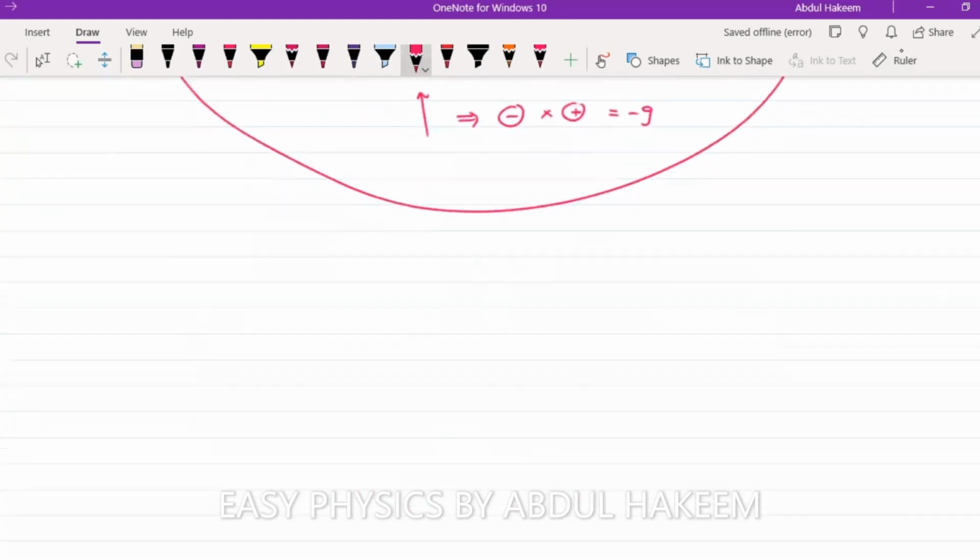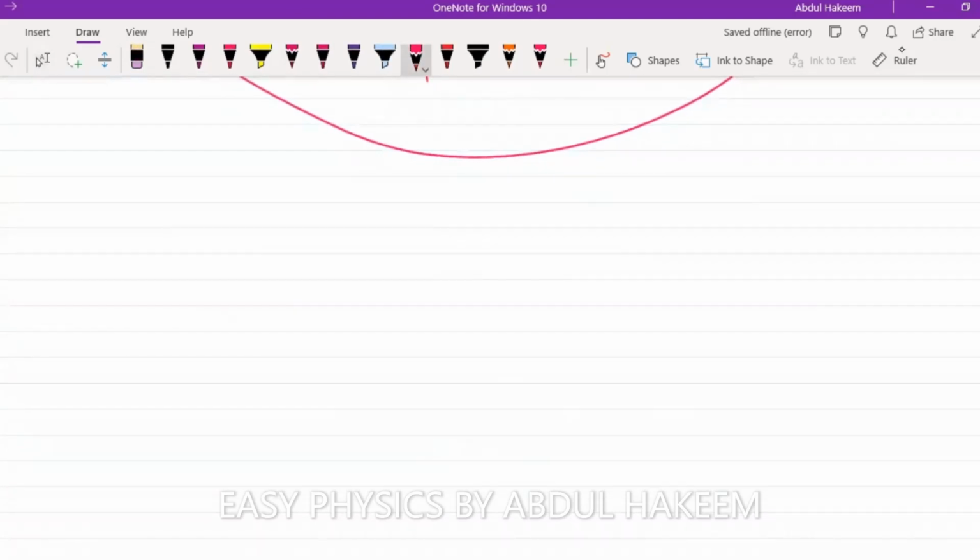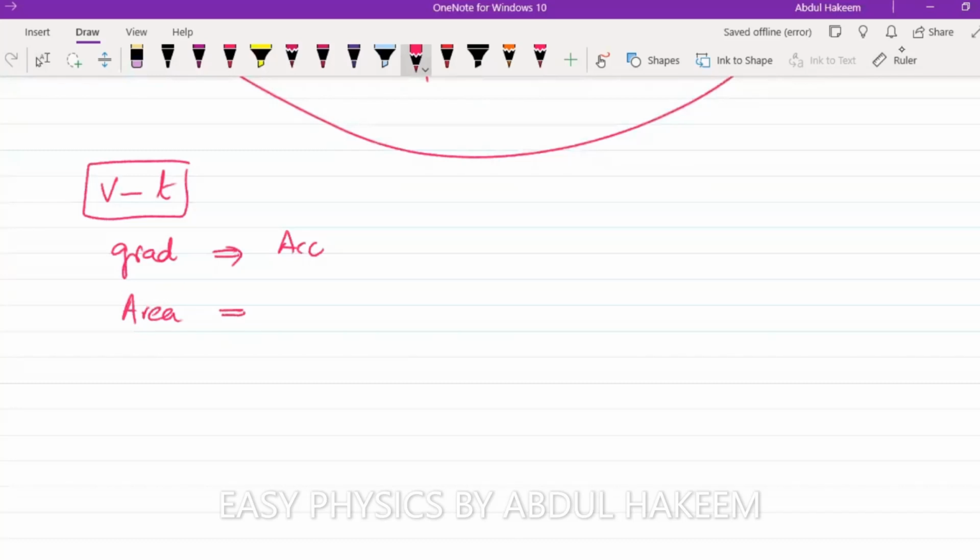Now, the graphs. For the speed against time graph, the gradient is acceleration, and the area under the graph is equal to distance. For the velocity time graph, it will be displacement.